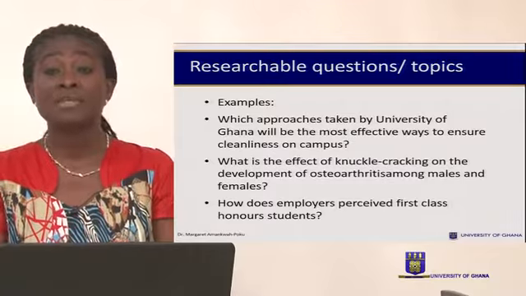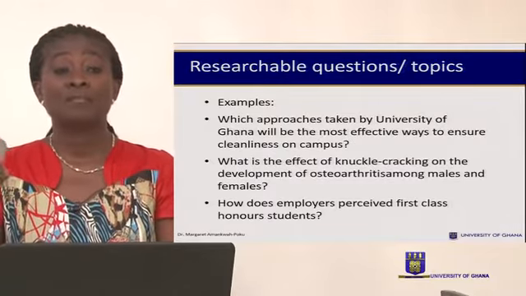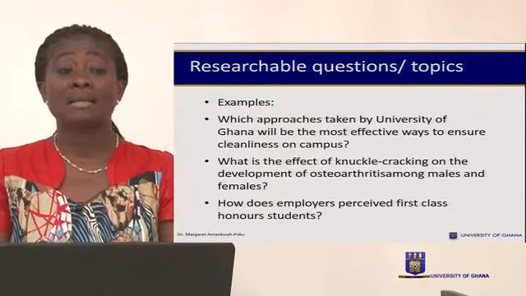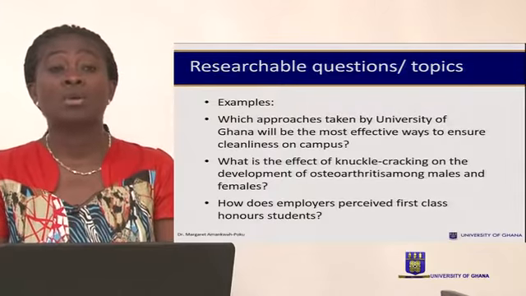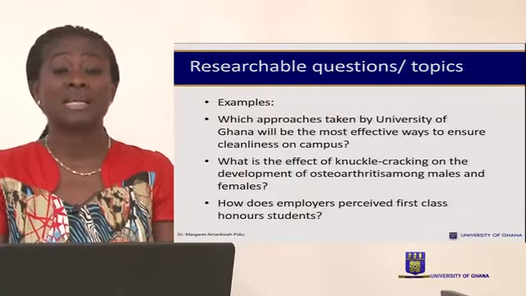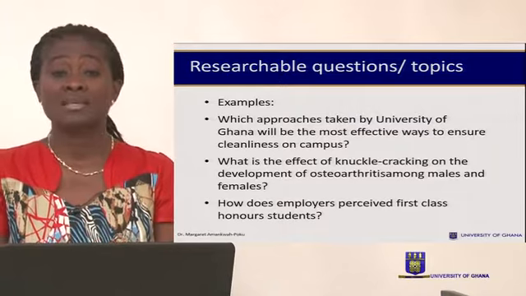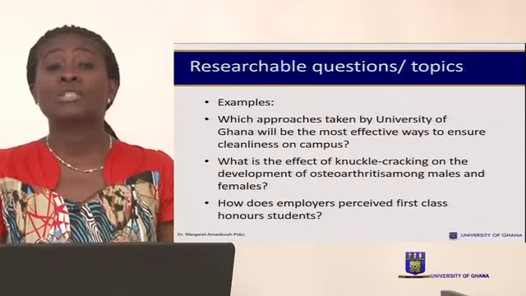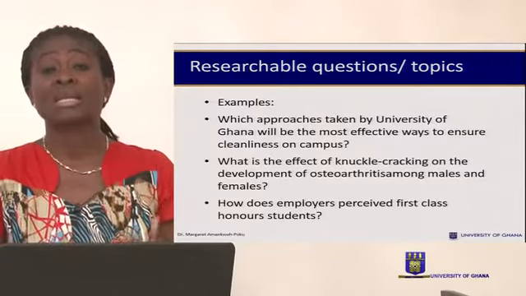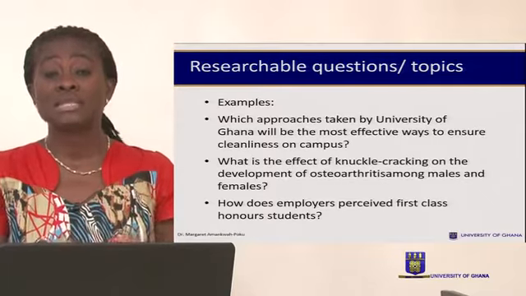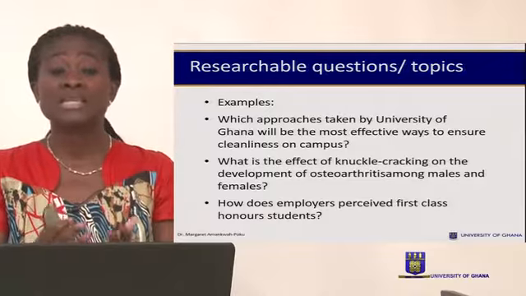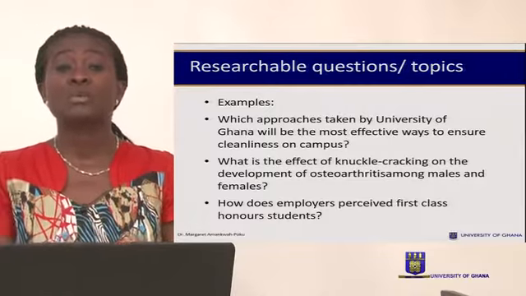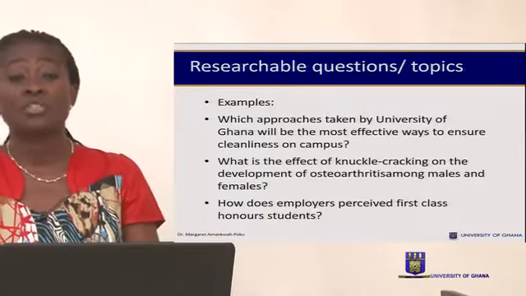We can say that for this hall, we are going to have bins all over the hall. For this other hall, we are going to have the bins only outside at the Porter's Lodge, among others. So we'll use different methods. And then for other halls, it will just be information that will be on the screen at the Porter's Lodge every time to sensitize people. And then we'll test these 3 different methods to see which will be the most effective way of ensuring cleanliness on campus.